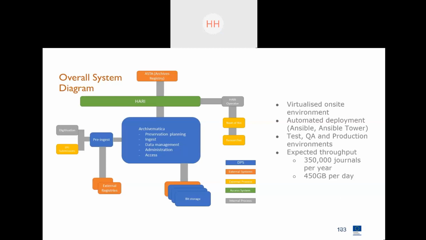We also have a pre-ingest function that helps us repack and normalize the ZIPs before ingesting them to Archivematica. We also have different storages in different technologies in different geographical places, and we are connected to external registers to make the metadata as perfect as possible. Next slide, please.